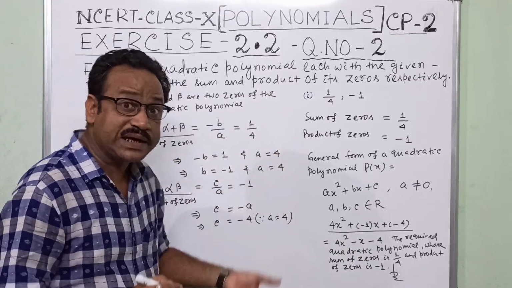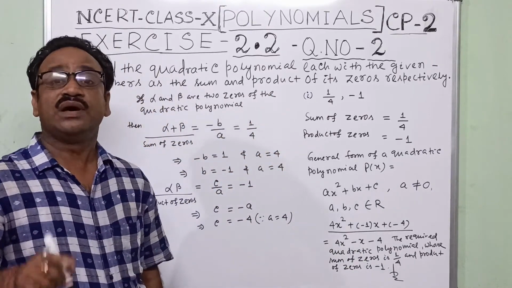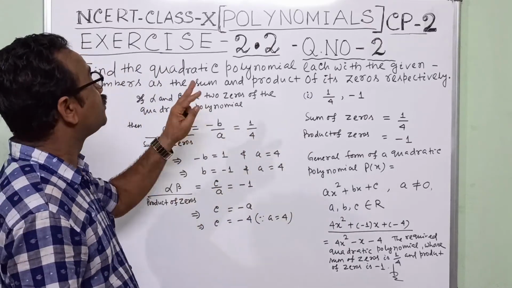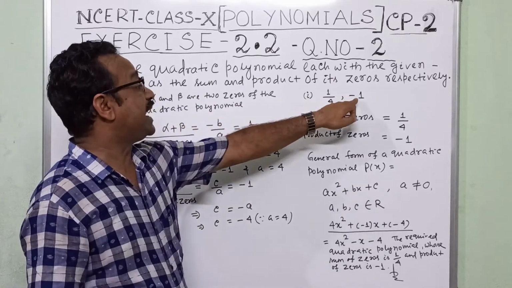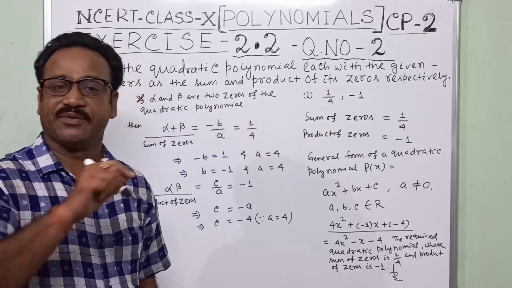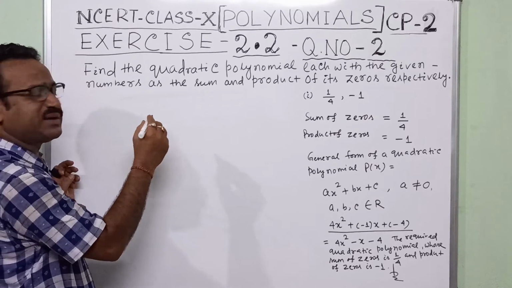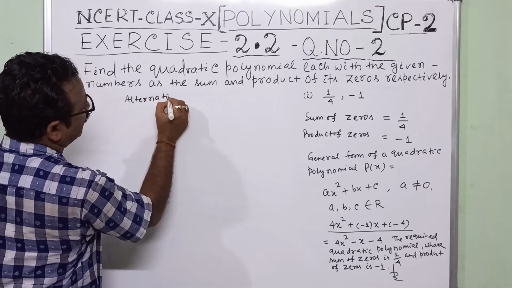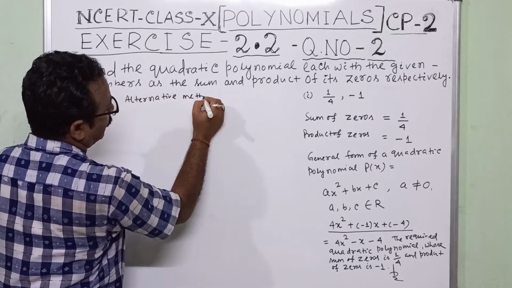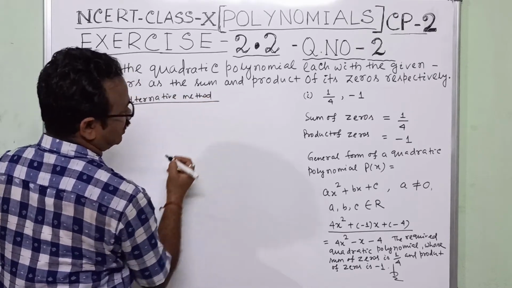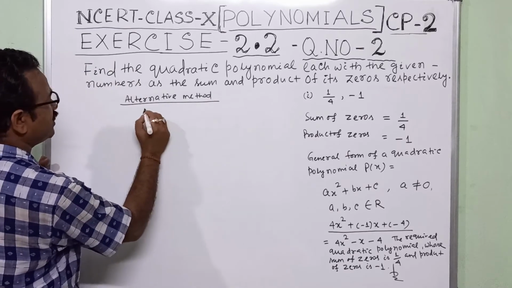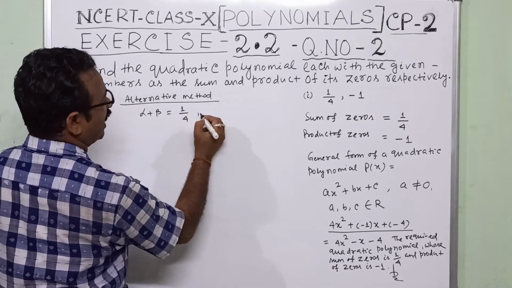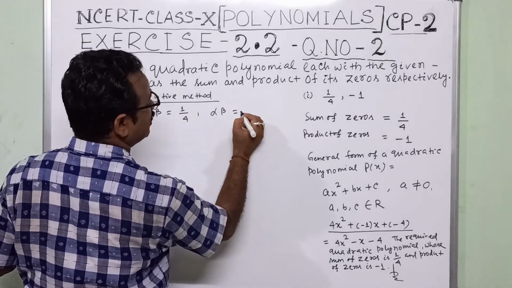Now we will do it alternatively. We will apply another method to solve this. The sum and the product of zeros are given. Now alternative method. So now sum of zeros given, that means alpha plus beta is equal to 1/4, alpha beta is equal to -1.